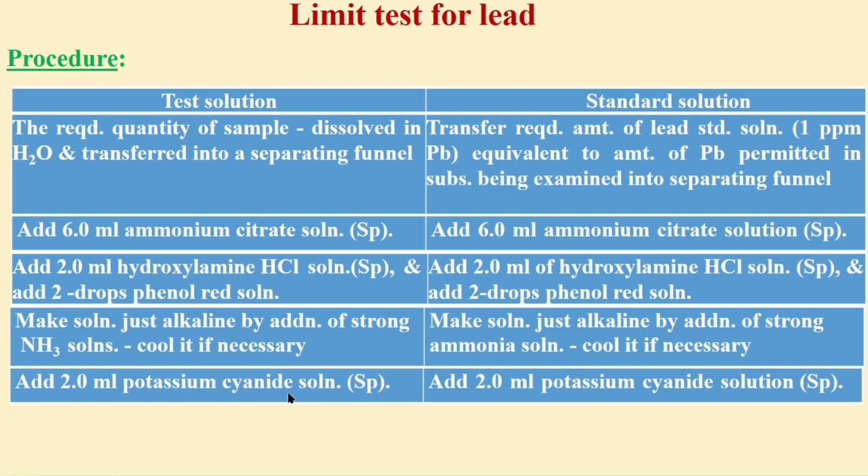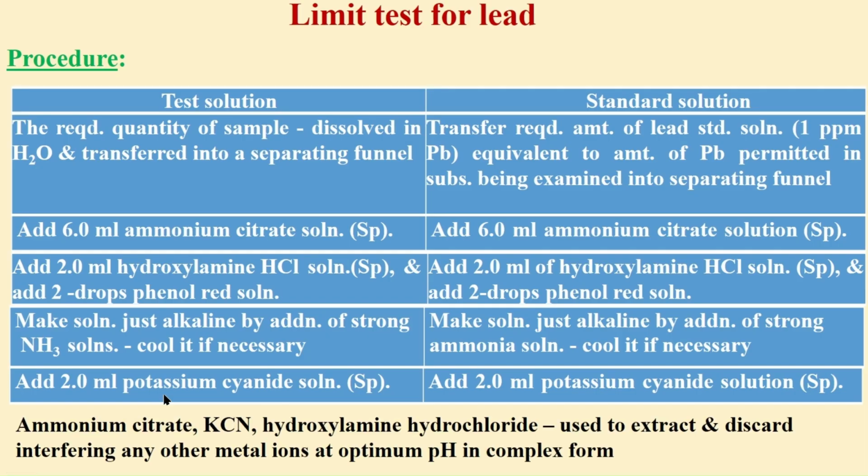Why are this ammonium citrate, hydroxylamine chloride and potassium cyanide to be added? They are added to extract and discard the interfering metal ions at optimum pH in the complex form.